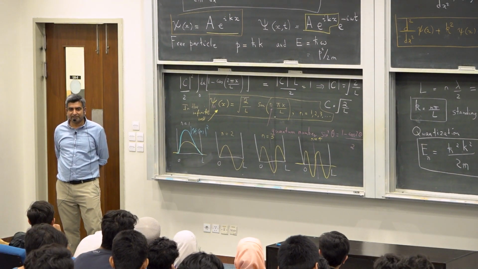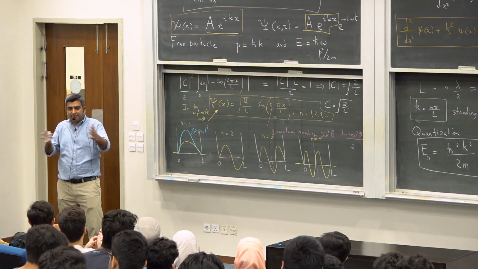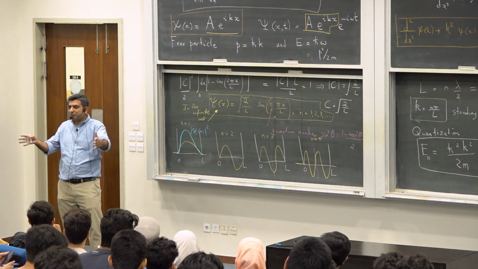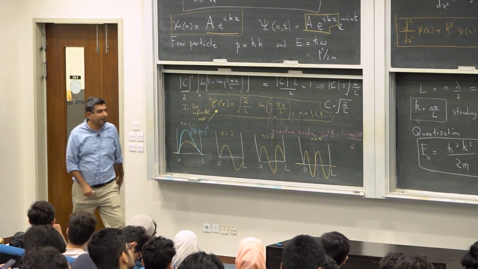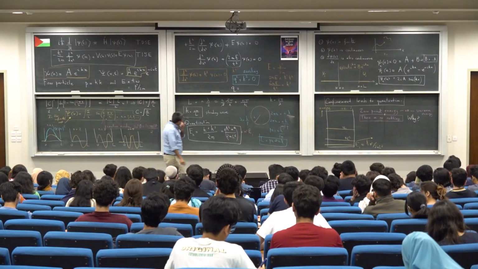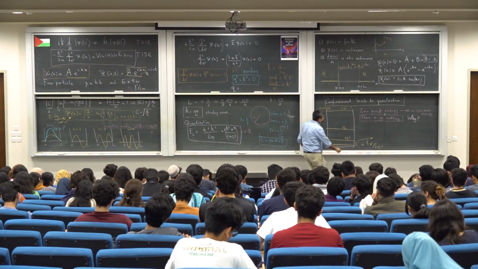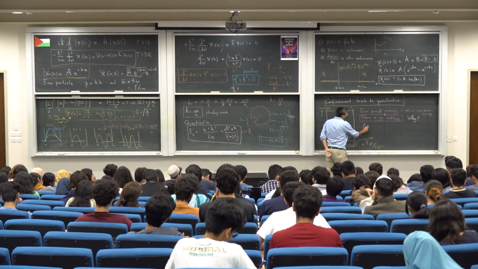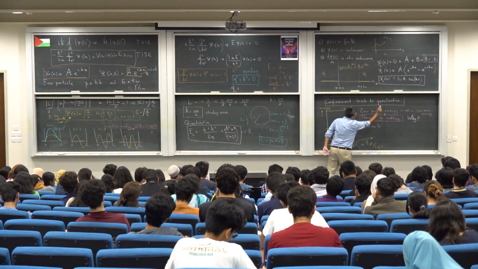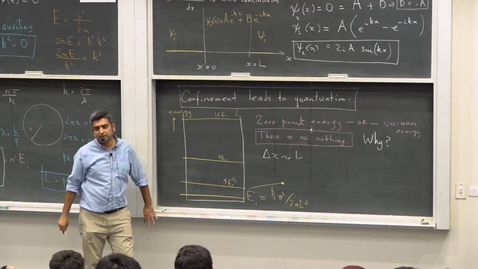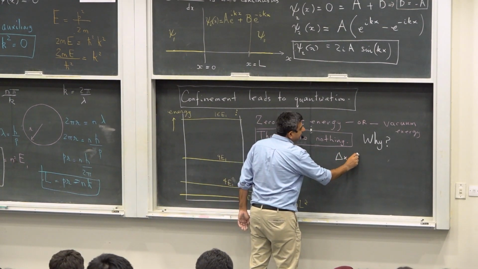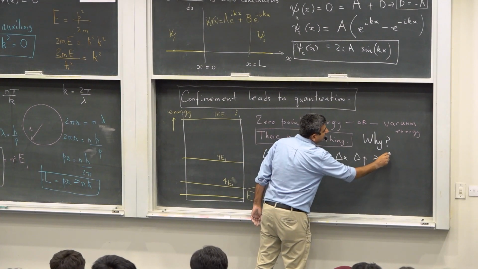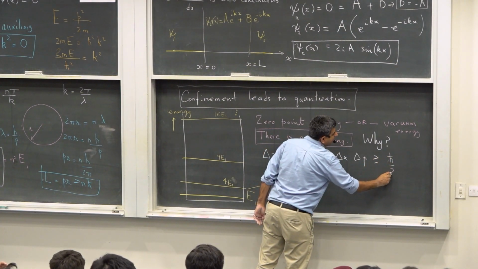L. The uncertainty in the position could be of the order of L. So delta x is of the order of L. Now we know from the uncertainty principle, delta x, delta p has to be greater than or equal to h bar over 2.